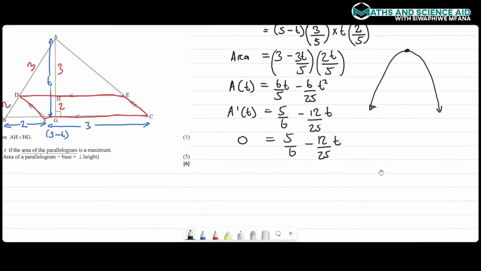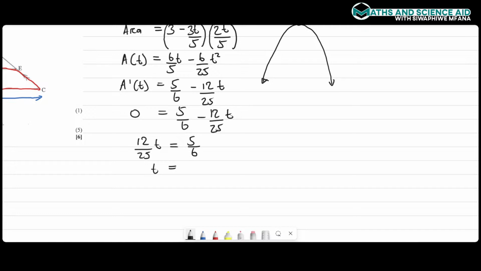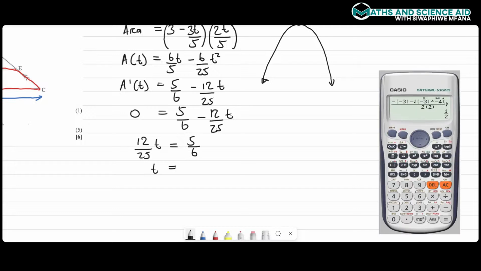Here is that equation. So I would just take this to the left hand side to get 12 over 25 t equals 6 over 5. And then you need to solve for t here. So you just need to make t the subject of the formula.